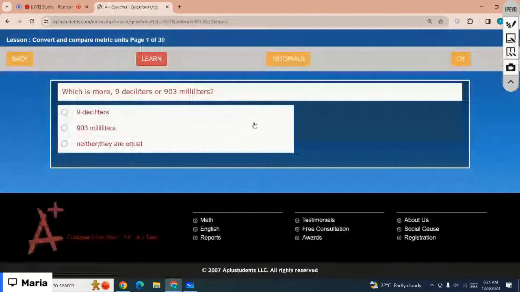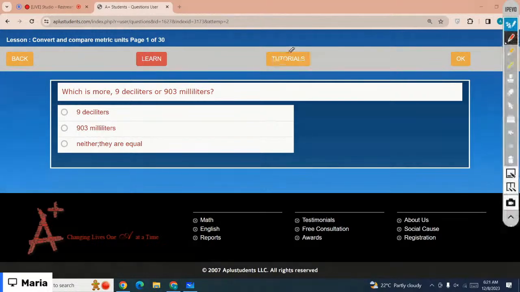Okay, the next one is which is more, 9 deciliters or 903 milliliters? Which is the correct option? 1 deciliter equals 100 milliliters, right?